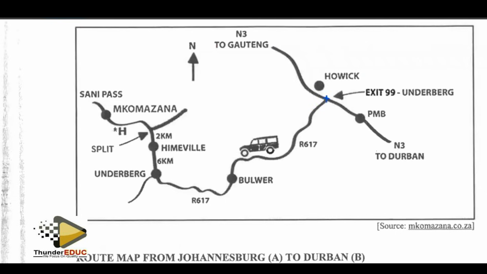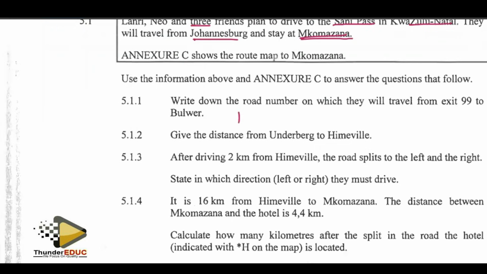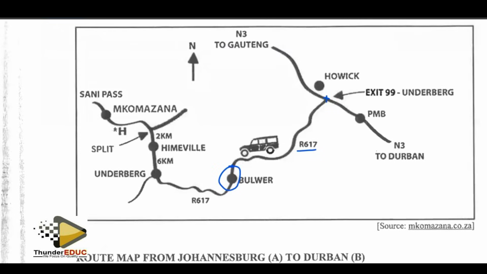They enter using this. And they said which number because they are coming to this place here. So which road number? It will be R600, R6117. Give the distance from Handbag to Inver. Let's come back here. From here to there, the distance is this one here.